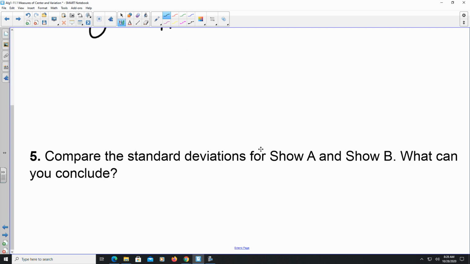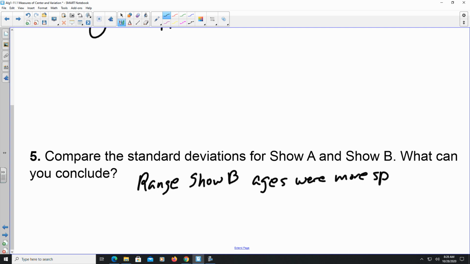Well, the conclusion we made when we talked about the range: we said that for show B, the ages were more spread out, and we can make that same conclusion with the standard deviation. The ages are just more spread out.